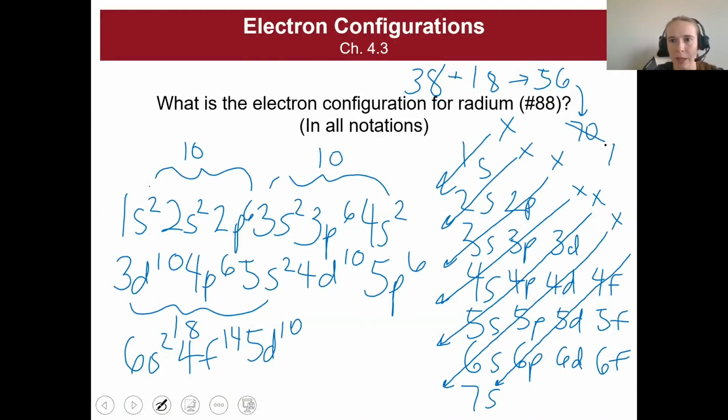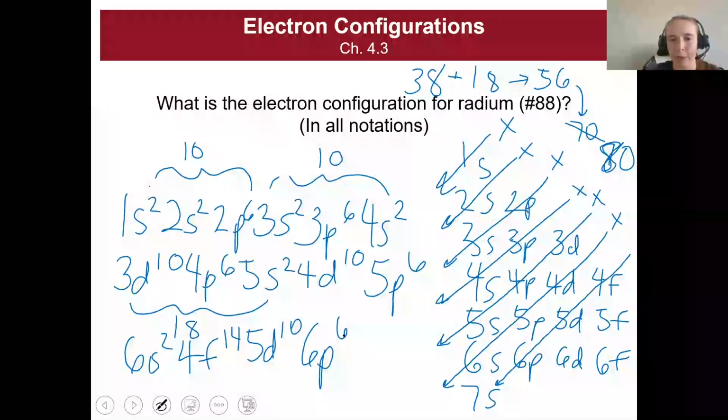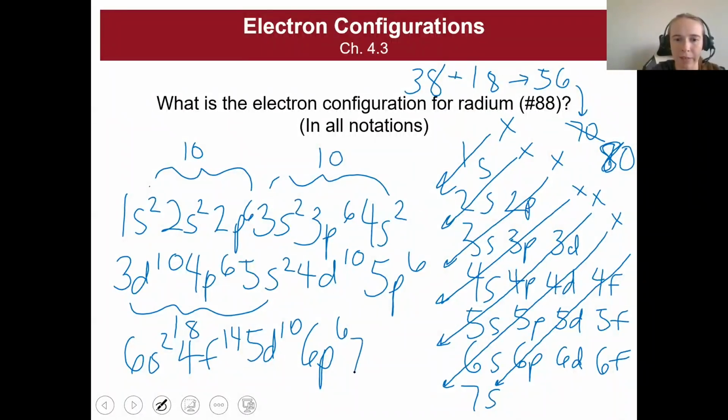Now we're at 80. And we need 8 more. So 6p, 6. Now we're at 86. We need 2 more. 7s2. Perfect. We went through all of those.